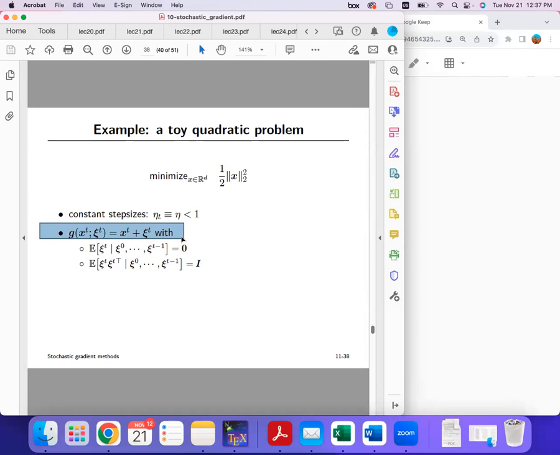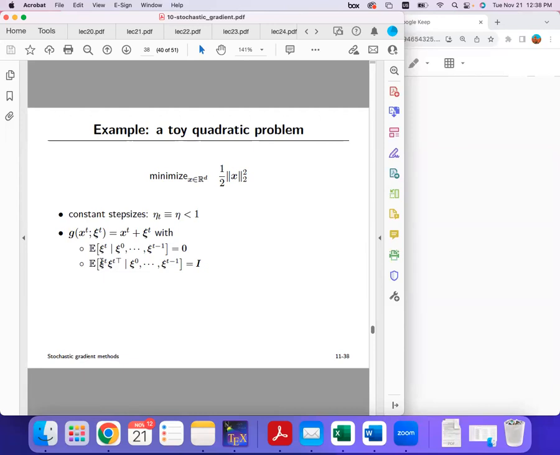And this noise satisfies the following two statistical properties. The first one is zero mean, conditioned on all the noises in the previous iterations. This conditional expectation is 0. So the expectation of ξ_t in the t-th iteration is 0 given all the previous noises.